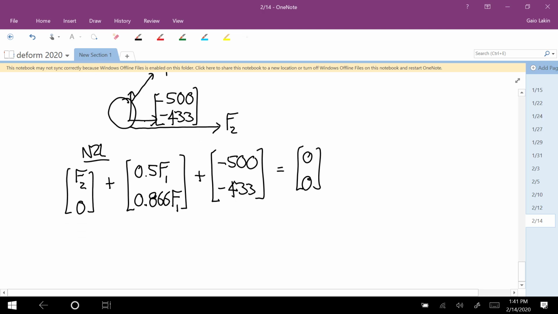And we have two equations, two variables. This tells us that F1 is equal to 433 divided by 0.866. So that must be 500. And F2 then is positive 250.